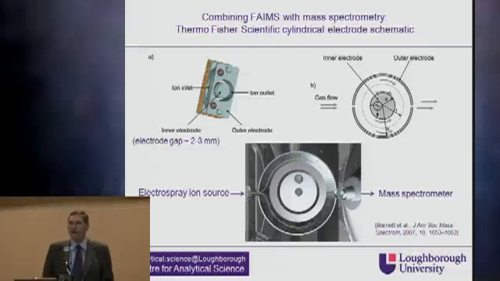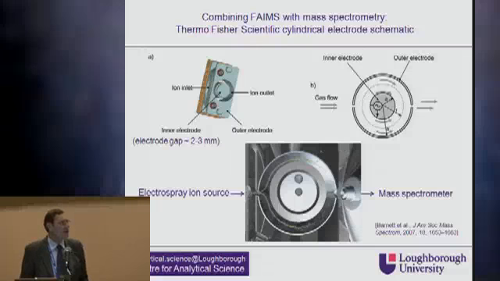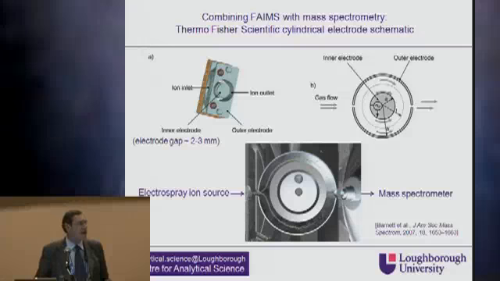In our laboratory, we have 2 devices, and they're characterized by difference in electrode geometry, as indeed is FAIMS and DMS in general. One of those devices, the Thermo Fisher Scientific one, has 2 electrodes which are effectively concentric cylinders indicated along here.